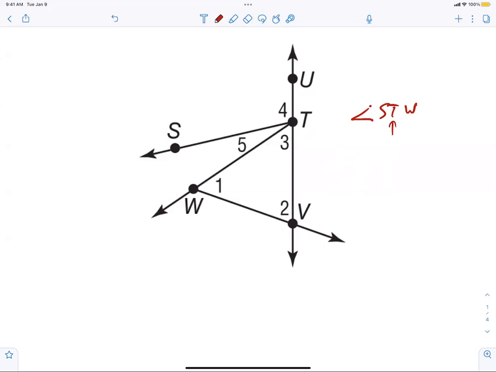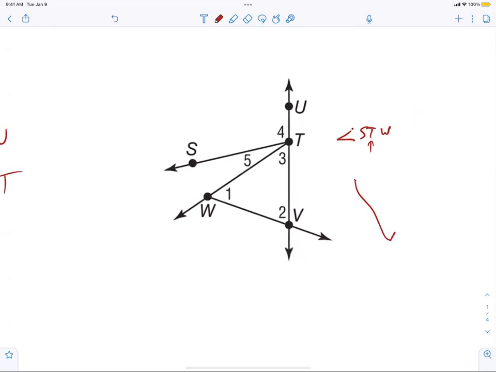Now, could I say angle 4? And you would know what I'm talking about, correct? So you could say angle 4. You could say angle STU or angle UTS to call angle 4, correct? Now, there are going to be times when you have an angle and you can define it as just A. Like if I say that's angle AB, or if I say that's angle BAC, you can actually just call that angle what?